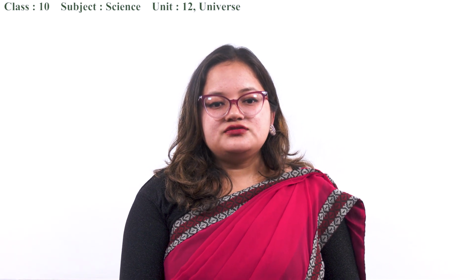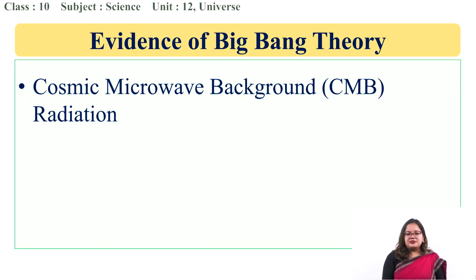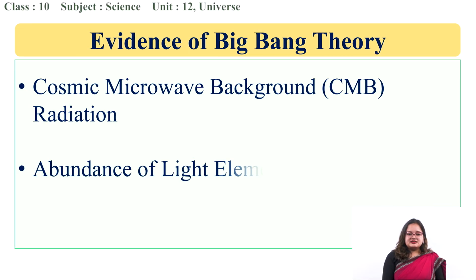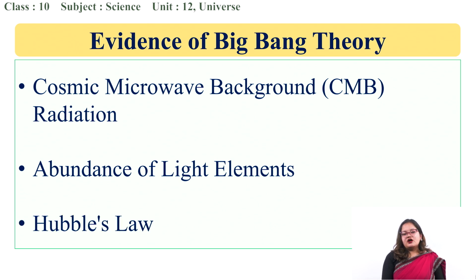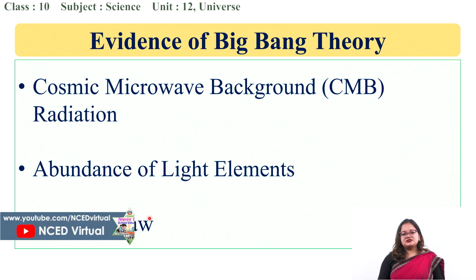Lots of other theories did not have enough evidence for us to accept them, but the Big Bang theory had some major evidence that we will talk about today. First one is cosmic microwave background radiation. Second is abundance of light elements. And third one is Hubble's law. About Hubble's law, we'll study it in detail again because it talks about the expansion of the universe.